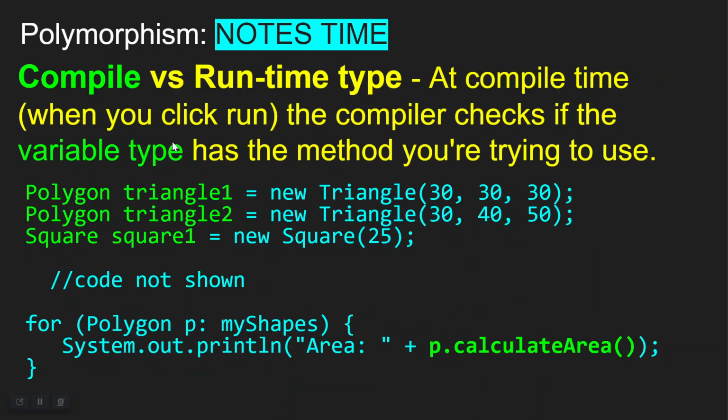All right, so compile time. When you click run, the compiler checks if the variable type has the method that you're trying to use. So we are trying to use the calculate area method. During compile time, it's going to check, does polygon have a calculate area method, and then does square have a calculate area method.